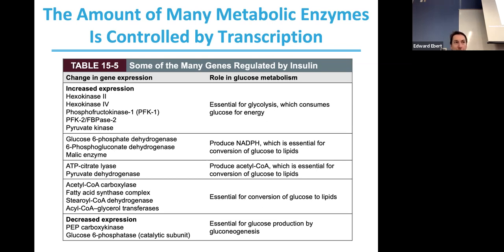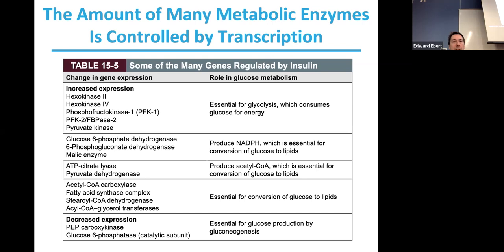Usually protein interactions, effectors, phosphorylation, dephosphorylation, are faster, a more rapid response. Transcriptional control tends to be slower and happens over time. So if you change your diet, you're slowly going to change what genes are being activated, turning on some and turning off others.